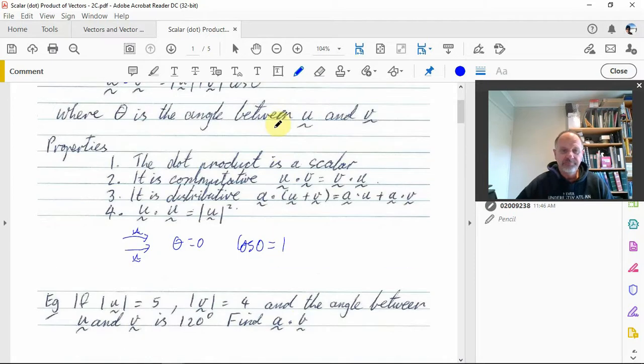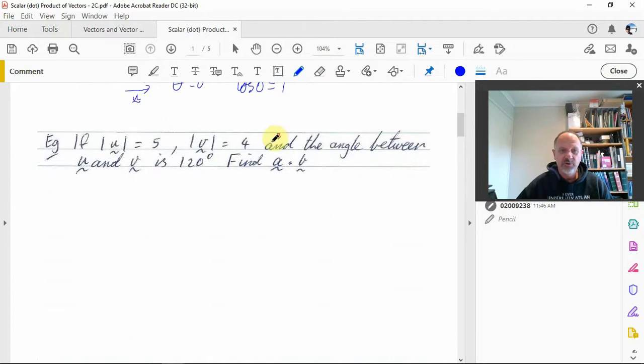Okay, so an example, a straightforward one to begin with. You've got two vectors. If the magnitude of u is 5, the magnitude of v is 4, and the angle between them is 120, what is u dot v?